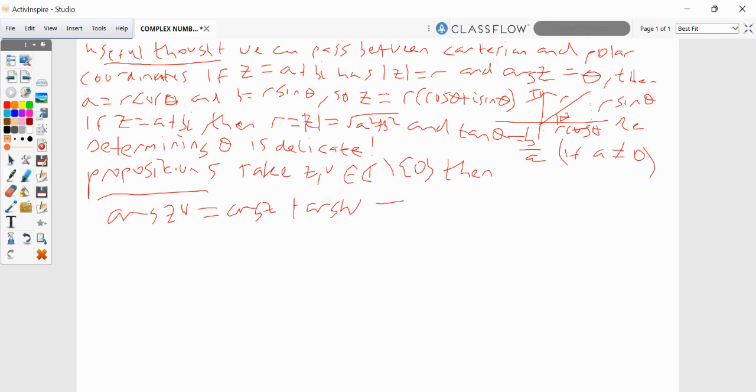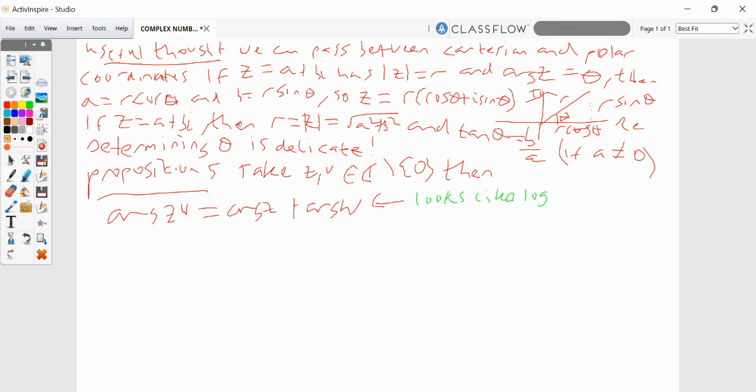And if I make a note on the side here, this looks like log. Because we have a log law that says the log of xy is log x plus log y. It's not a coincidence that this looks similar to a log law. It's not a coincidence whatsoever.